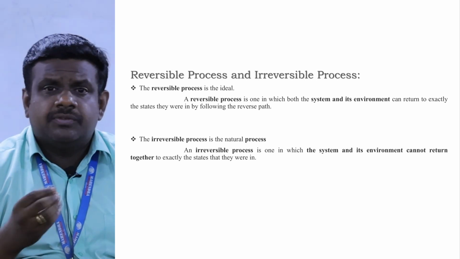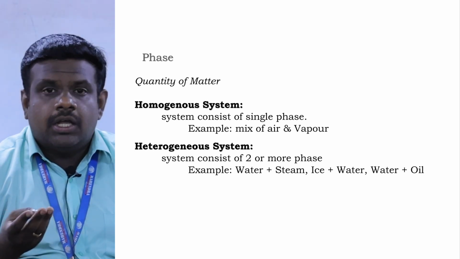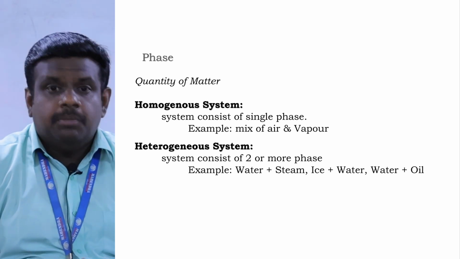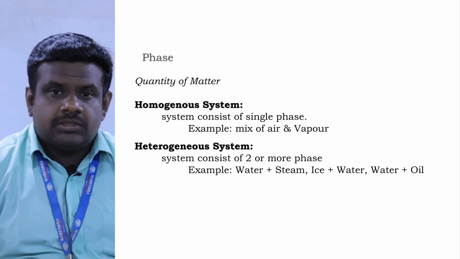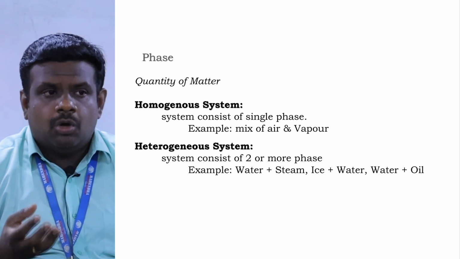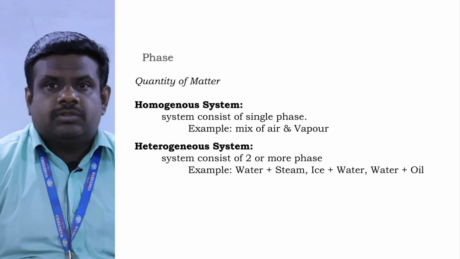The next concept is phase. We know that there are three states: solid, liquid, and gaseous. When it comes to a mixture, when the same state, like solid to solid, is mixed, it is called homogeneous. Where it is mixed in a different state, it is called heterogeneous.